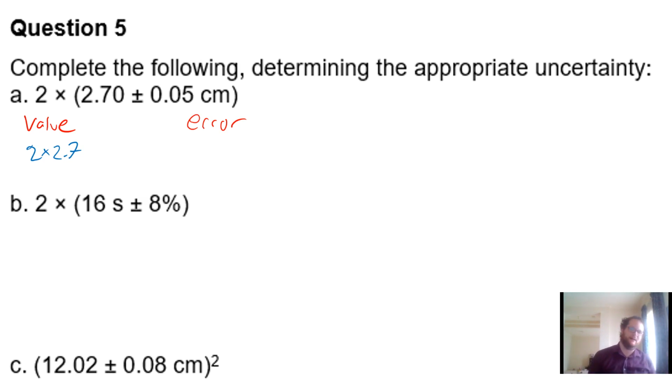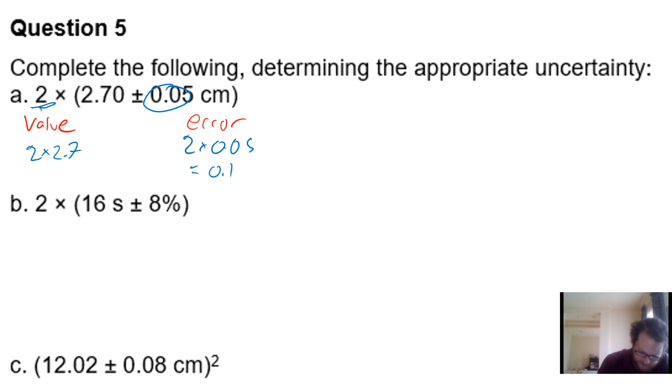Okay, so the error part is not too bad either for this one. Because remember, it's an absolute error, and it's multiplied by a scalar or a fixed number. So we just go 2 times 0.05. Sorry about that. So that's going to be 0.1.